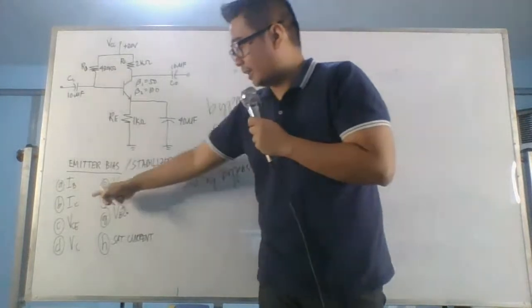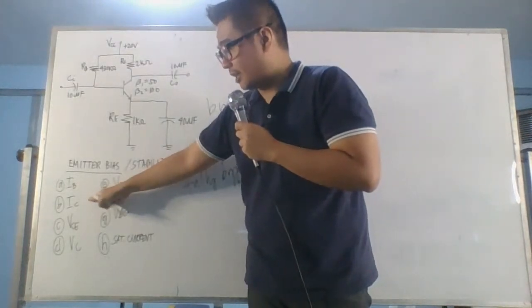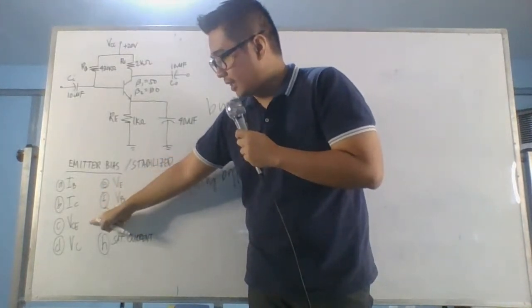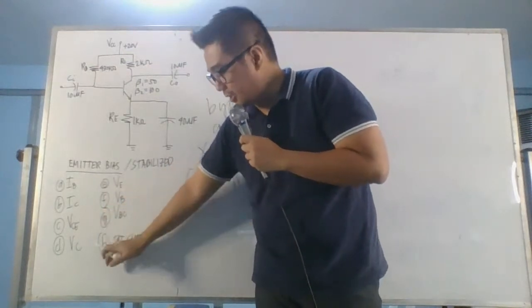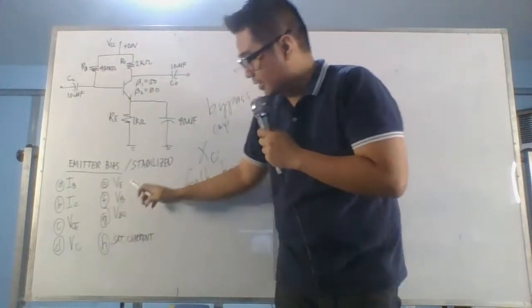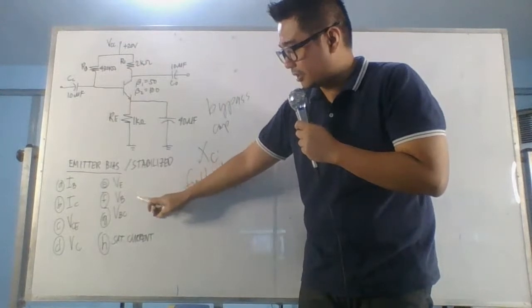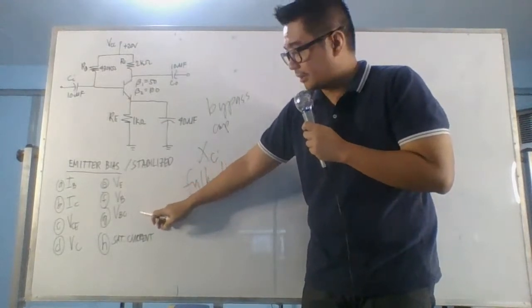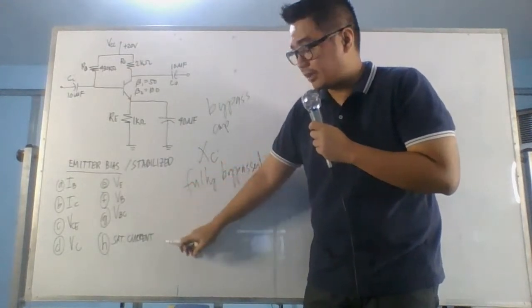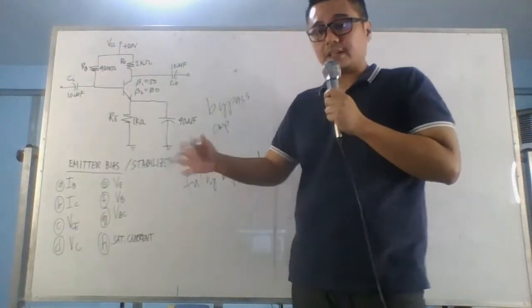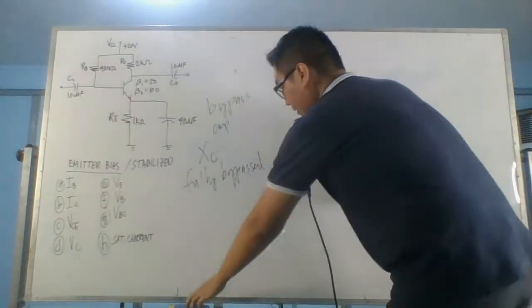Okay? And then we have the DC collector current, DC collector to emitter voltage, DC collector voltage, DC emitter voltage, DC base voltage, DC base to collector voltage, and the saturation current. So medyo marami din tayong isa-solve today.